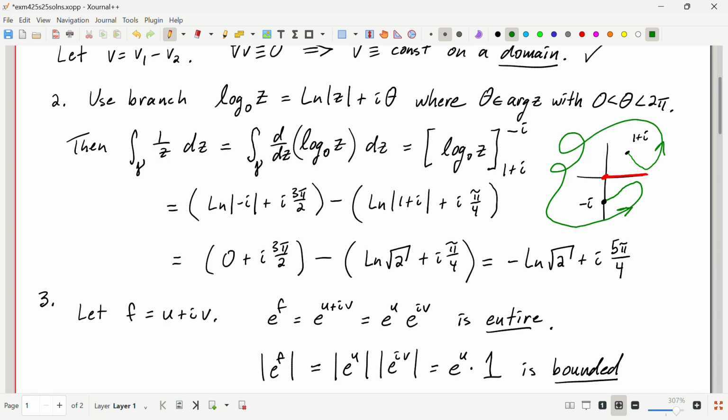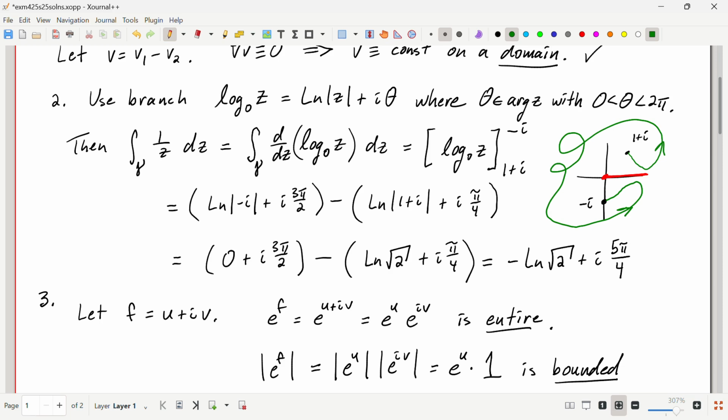And so the key is having an antiderivative. That would be the complex log function. And to make it analytic where that curve is going, we would have to take the branch where the branch cut is the positive real axis. That's what I call log 0.